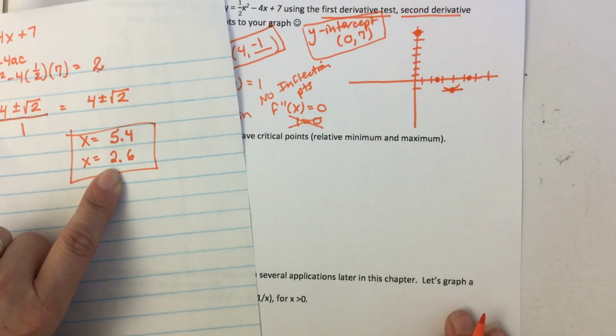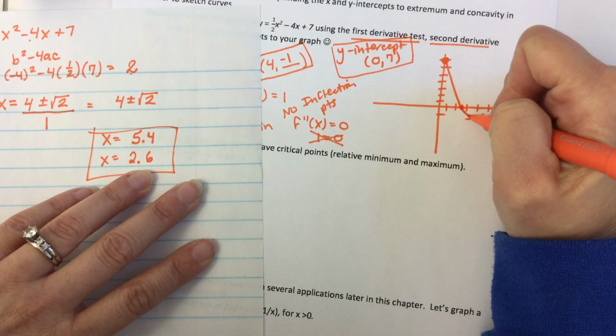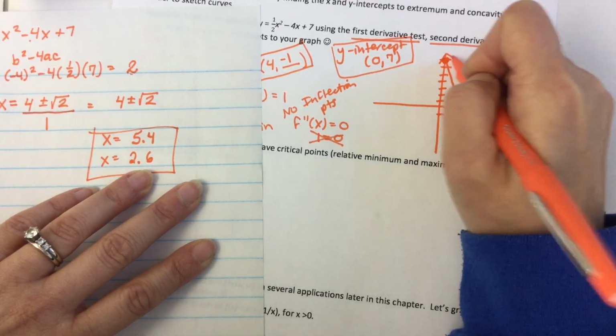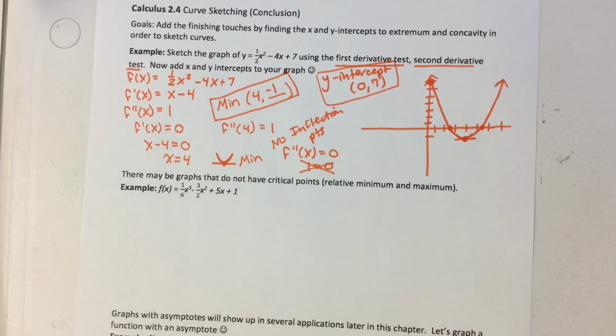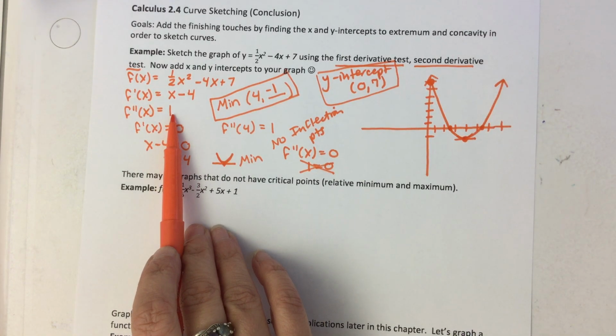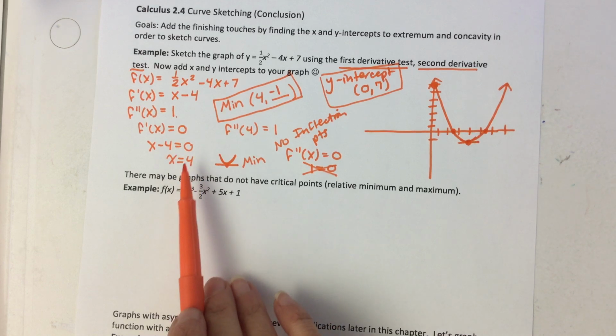Now look how much this really did add a lot more dimension for us. I feel much more comfortable connecting the points now, just having those intercepts. So again, you start off with the same skills as 2.3, first derivative, second derivative, looking for maximums and minimums: first derivative, set it equal to 0, solve.